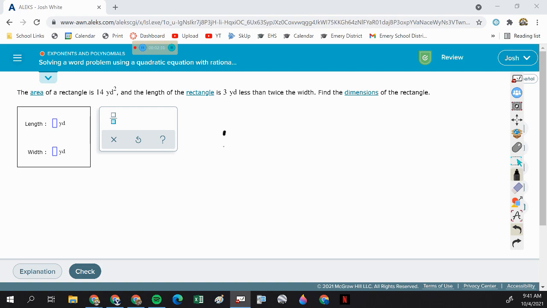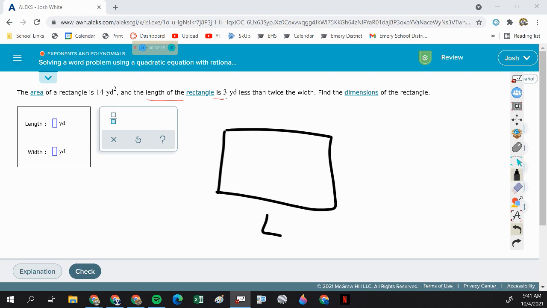So we have a rectangle, and this is the length. It says that the length equals 3 yards less than twice the width. The length is 2W minus 3, and then this would just be W.